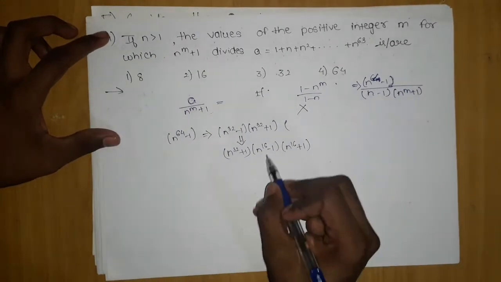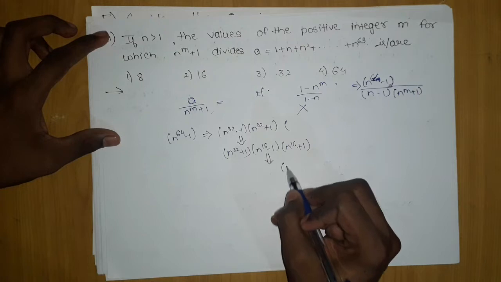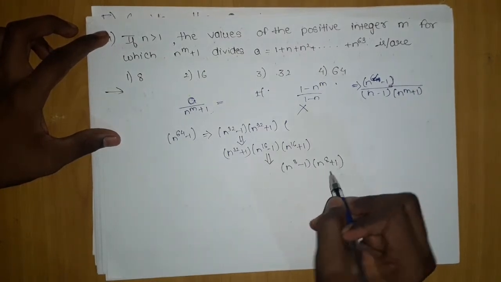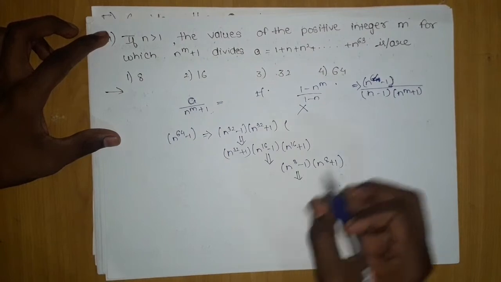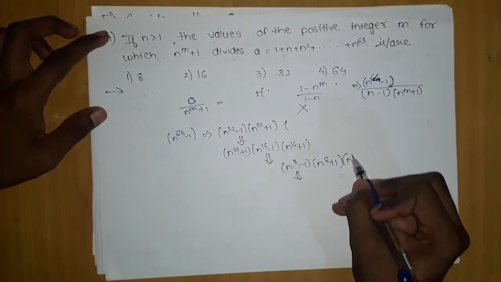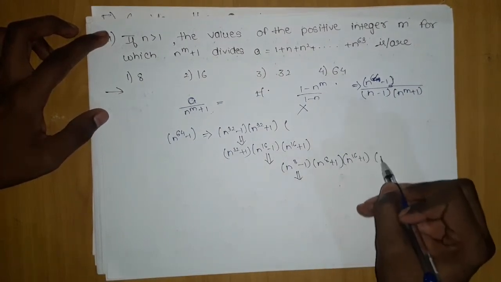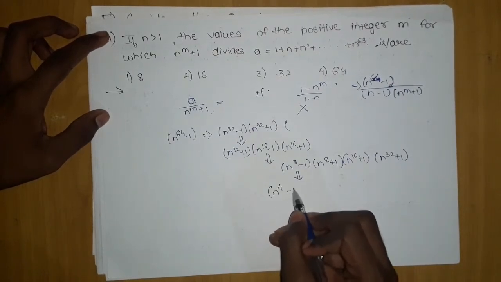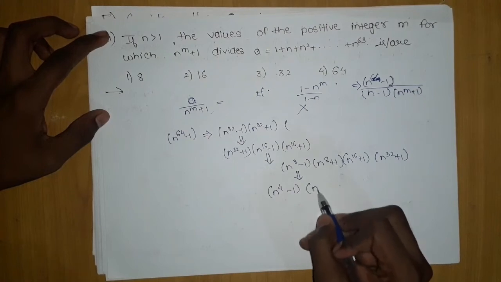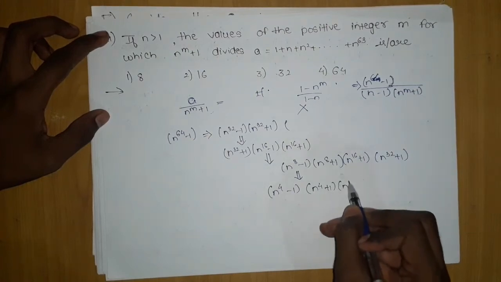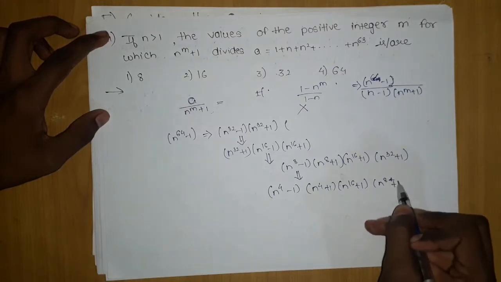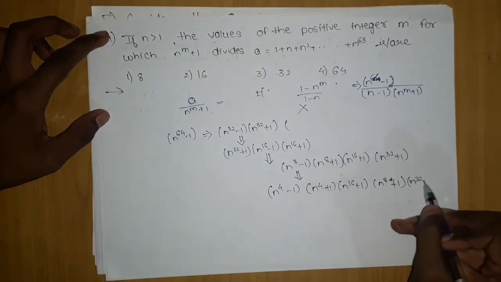But wait, again we can divide this, n power 8 minus 1 into n power 8 plus 1. Sorry, the last term we forgot, n power 16 plus 1, n power 32 plus 1. Again we can divide this, n power 4 minus 1 into n power 4 plus 1 into n power 8 plus 1 into n power 16 plus 1 into n power 32 plus 1.